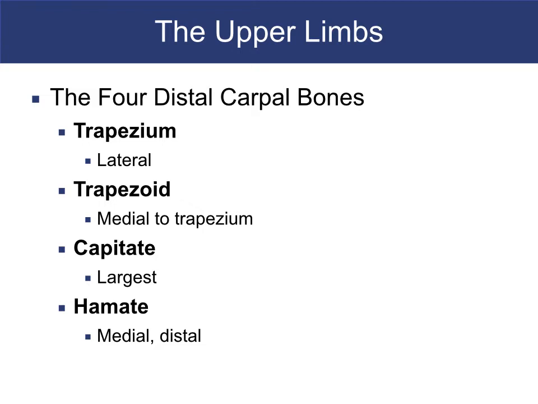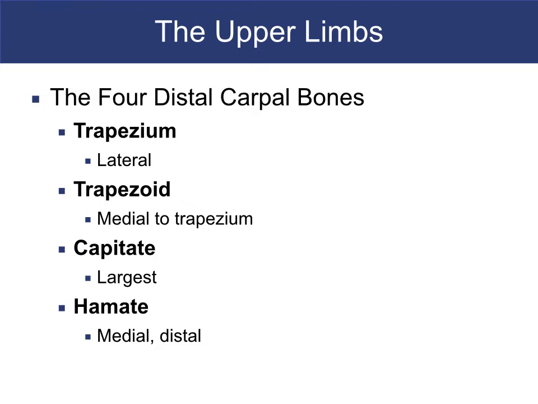Now, why is this important? Well, here's the deal. I'm just going to draw the bone as a square. The way the bone gets its blood supply is from one side. There's blood vessels that go into this bone. And when you break the bone, you usually break it across the middle like that.